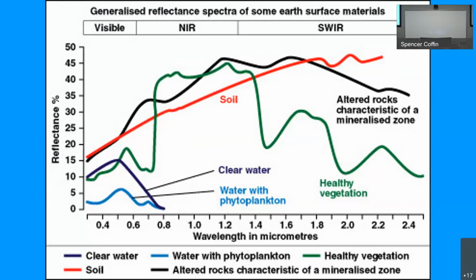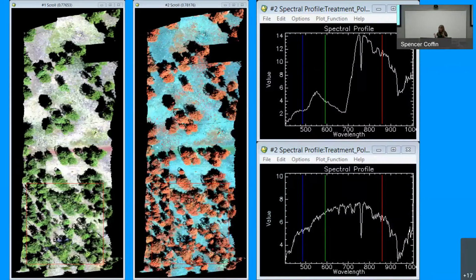So for example, a spectral signature of clean water looks like this, whereas a spectral signature of a healthy green vegetation looks like that. And because of those different spectral signatures, we can separate out different plant cover types in really, really high resolution.